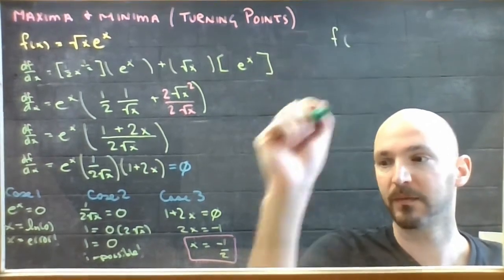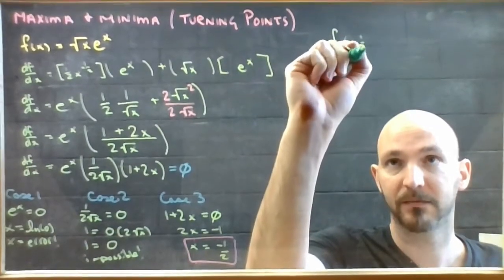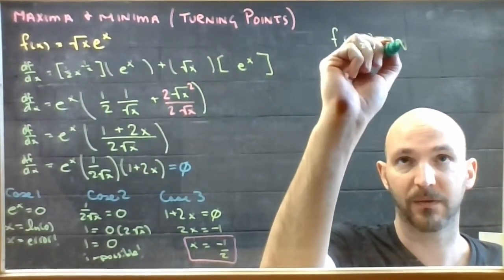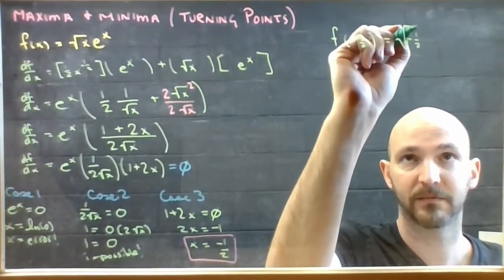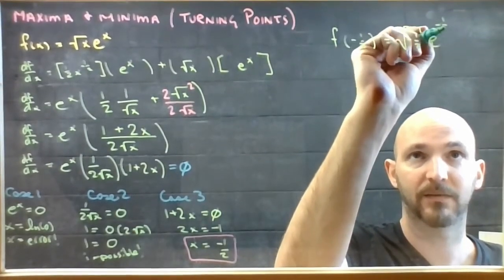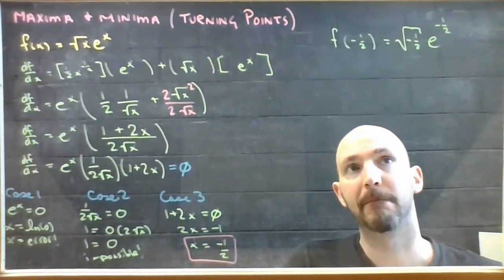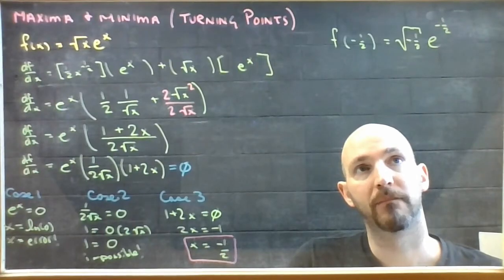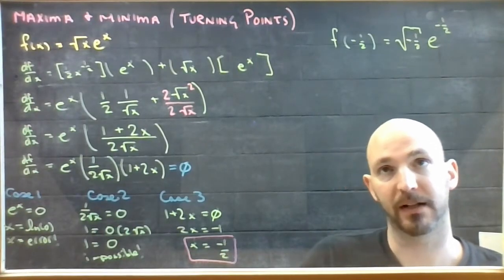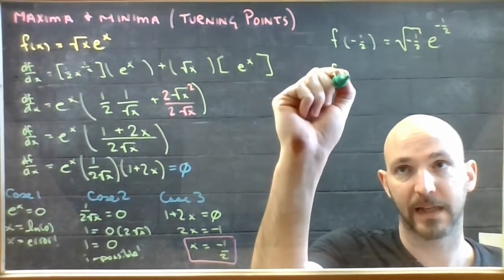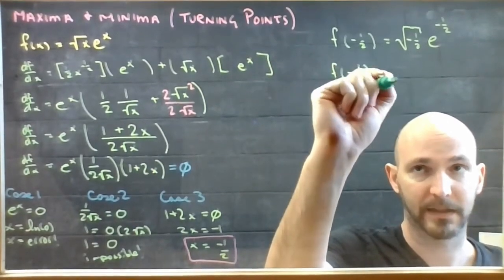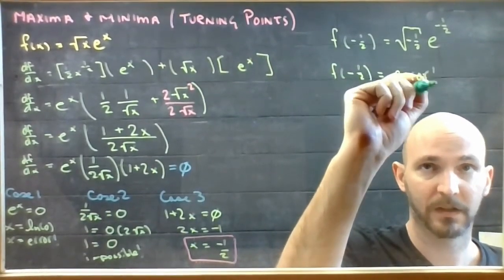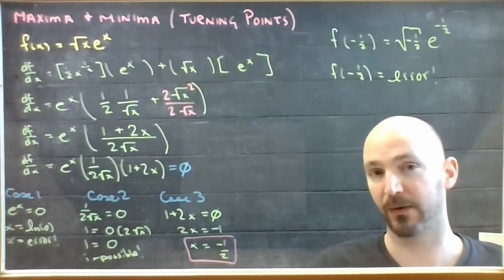F at -1/2 would be the square root of -1/2 times e to the -1/2. So I put that in the calculator and try to work it out, and I will find out that this thing is an error, because you can't square root negative numbers.